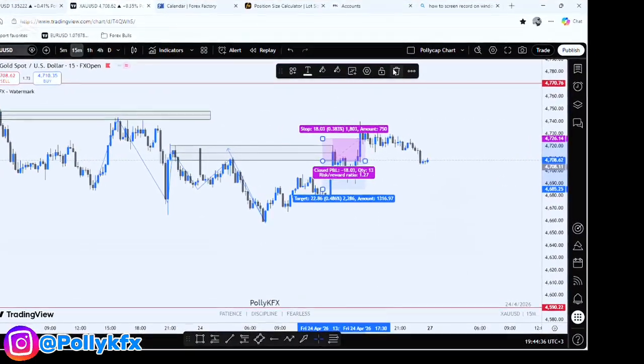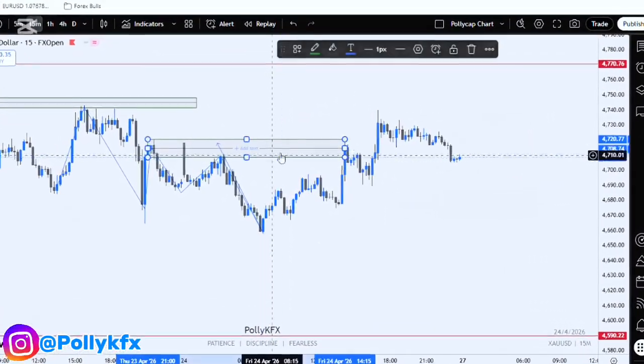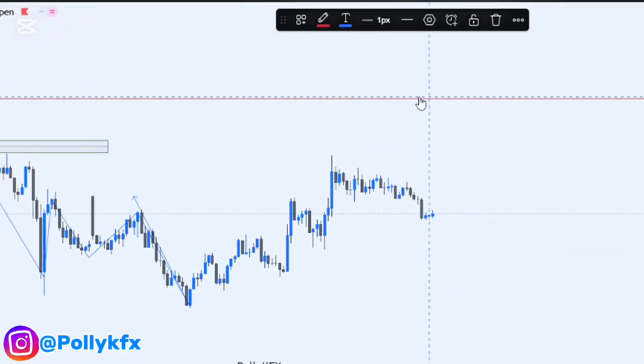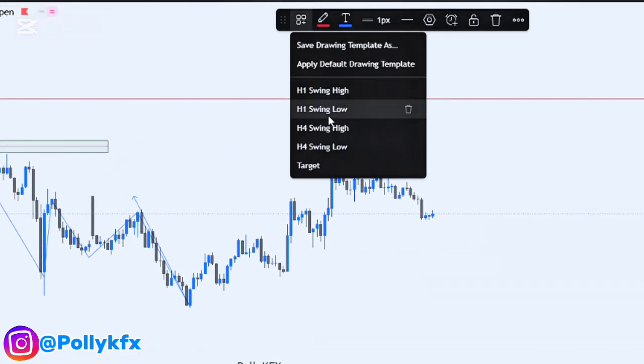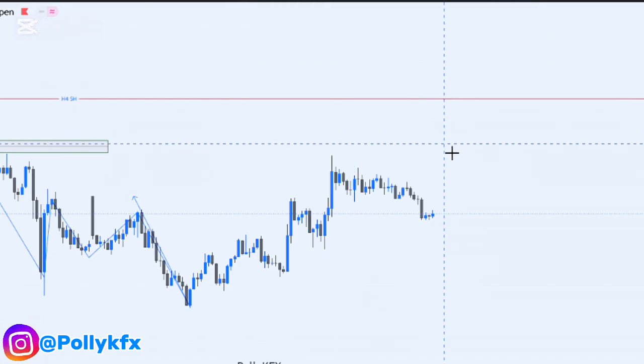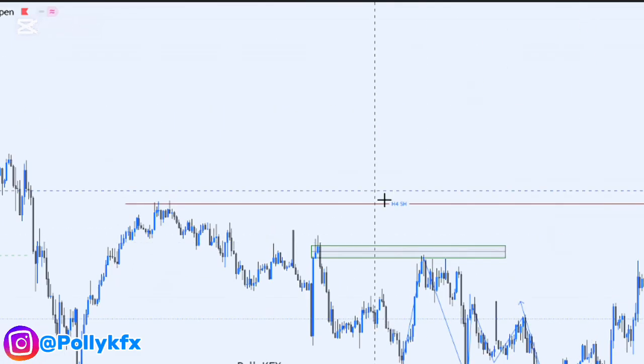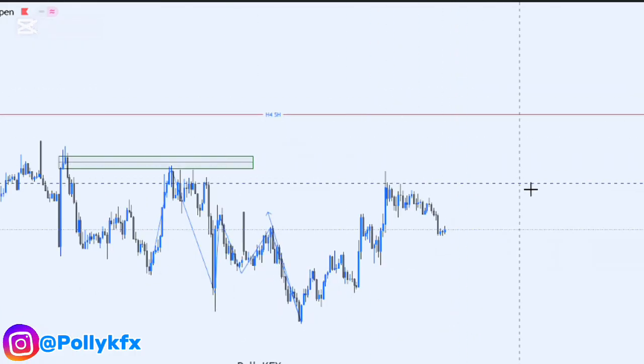But anyway, I'm still seeing a sell on gold unless we see price breaking out from this H4 swing high. That is a level that I want to be protected on the H4.